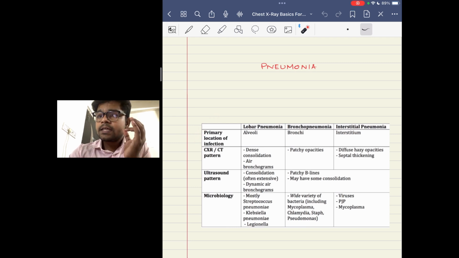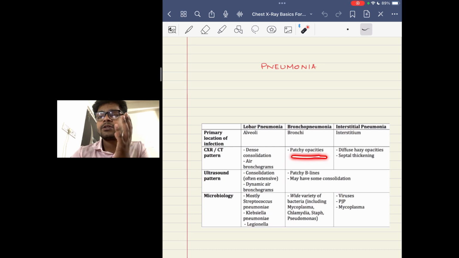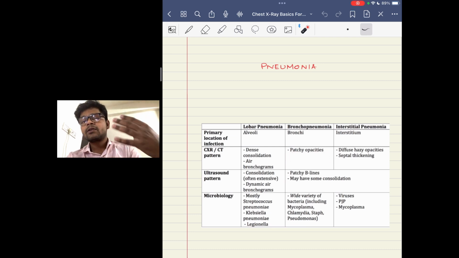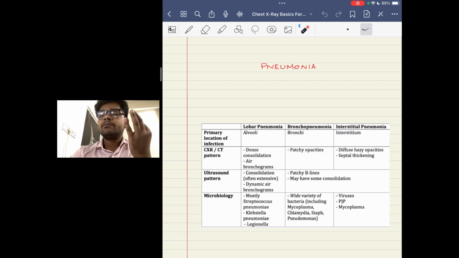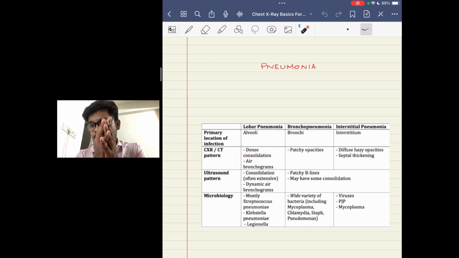So if it is respecting lobar boundaries, that is lobar pneumonia, so you will be finding dense consolidation and air bronchogram sign. But in bronchopneumonia, if it is predominantly involving the bronchi, that is the airways, then there will be patchy opacity. If it later on extends to the alveoli, you will be finding some air bronchograms also, but air bronchogram is typical for lobar pneumonia, for lobar consolidation.